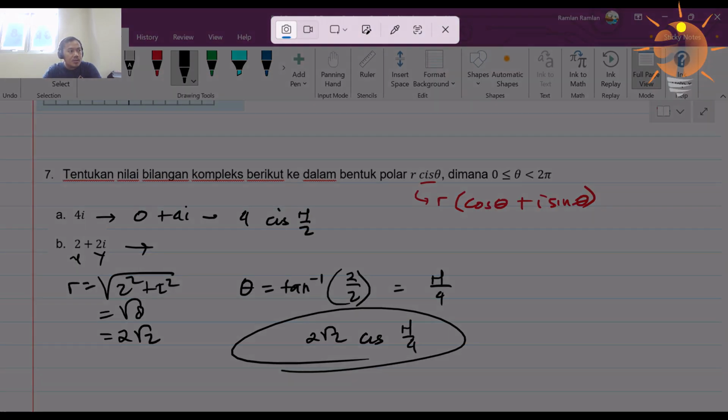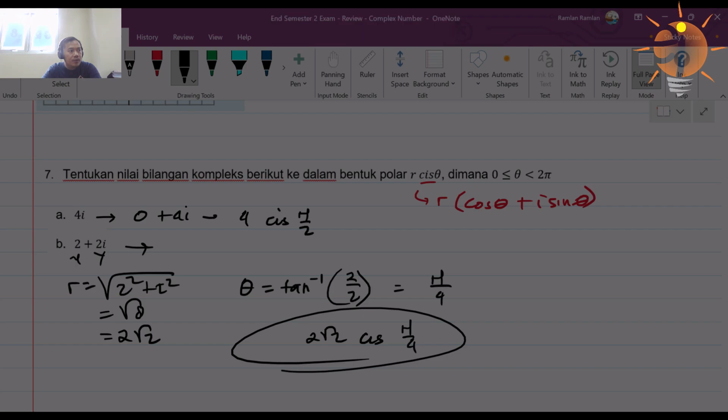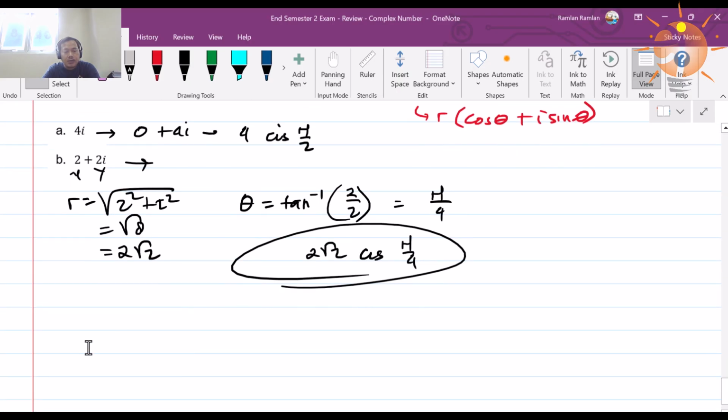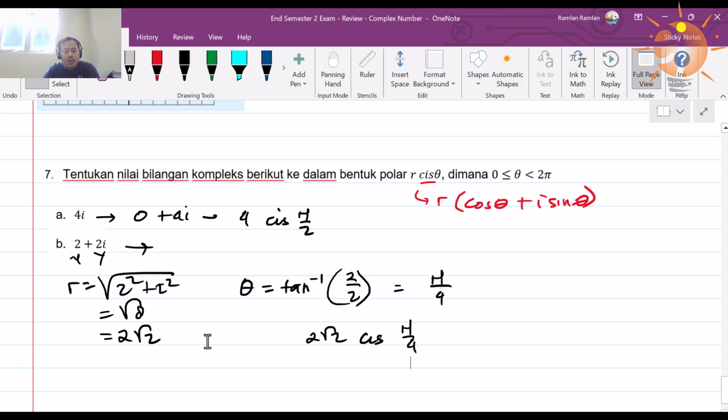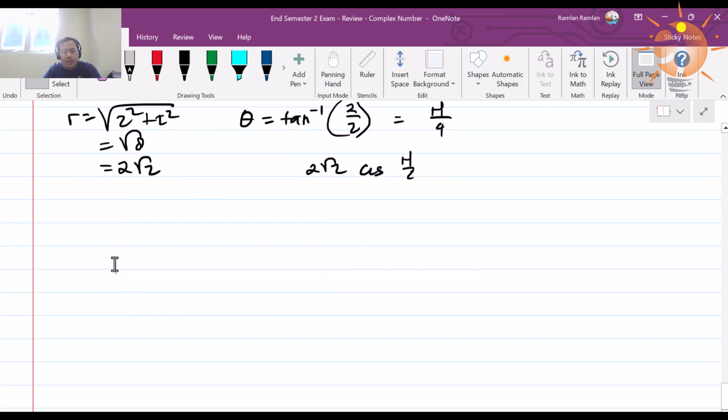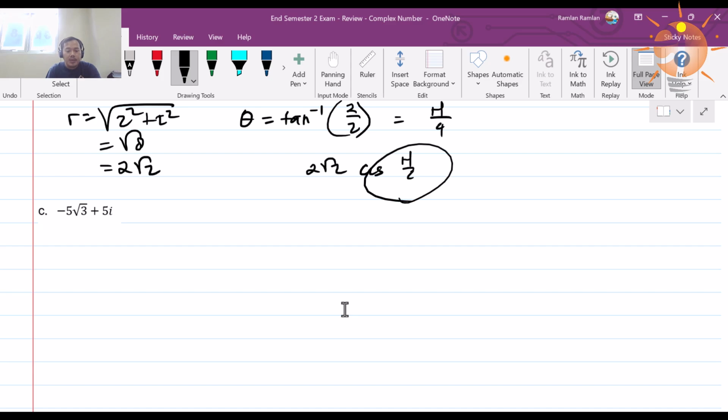Now let's go to question C, and here be careful that if you have a negative, you need to determine which quadrant it is in. Now you see the first one is negative 5 square root of 3 plus 5i. So be careful with determining the argument, or the angle, here.